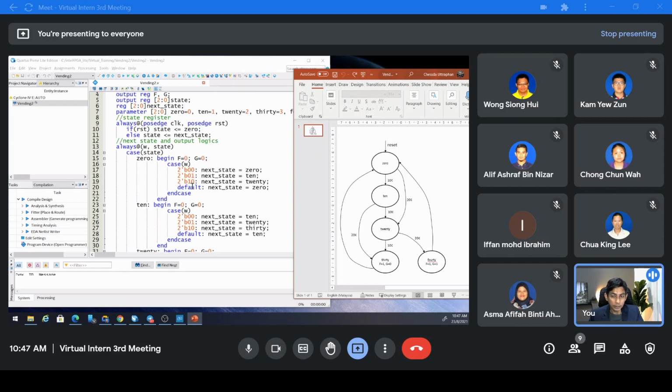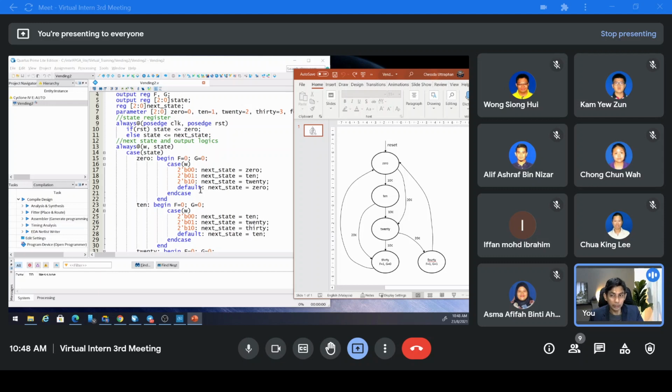This state is represented by 0, 0, 1, or 1 in this case. If 1, 0 means 20 cent, so the next state must be this one, 20. So must be 0, 1, 0. Yeah, if 20 cent, the next state is 20. We have another possibility, although this will not happen because we do not represent any other inputs.